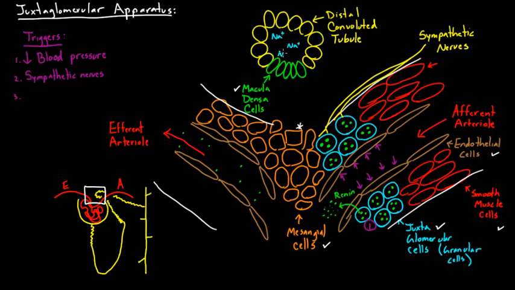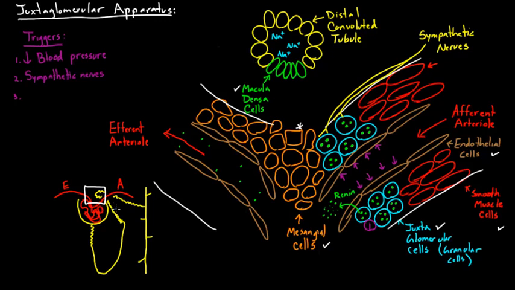And they're checking and checking, and they're saying, okay, is there a lot of sodium, or is there a little bit of sodium? When they start sensing that the amount of sodium coming through that distal convoluted tubule is really quite low, when they start feeling like not too much sodium is coming through, they start thinking to themselves, why is this happening? And if you think about it, you can figure it out too.